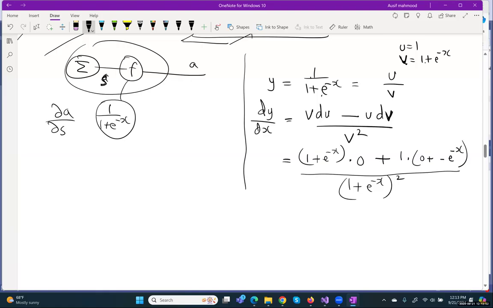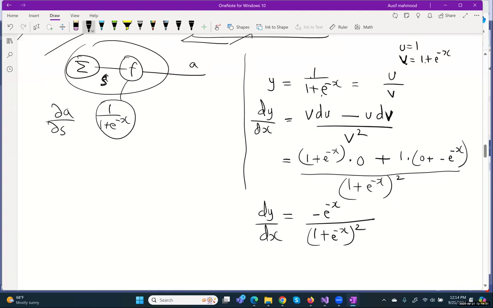You guys agree? So if I write it like this further, 0 multiplied by this is 0, right? 1 times 0 is 0. So as you can see, this reduces to minus e to the minus x over 1 plus e to the minus x squared, which is dy over dx, right?